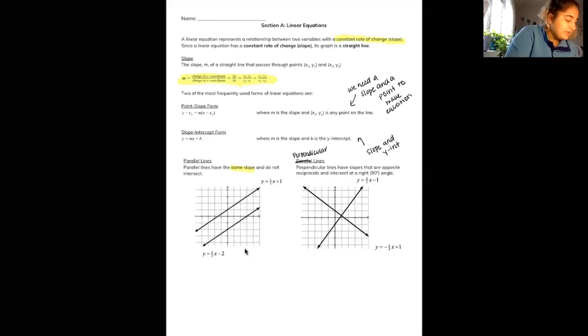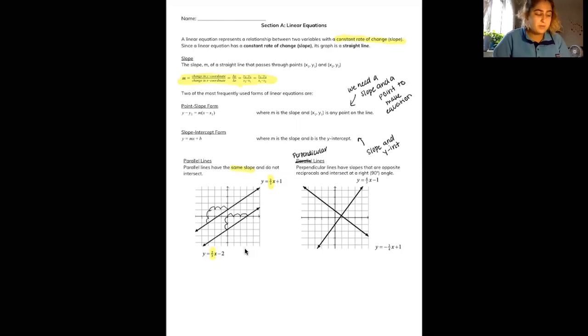So if they have the same slope, right, you can see 2/3 there, 2/3 there. And that 2/3 is really just talking about rise over run. So it goes up 2 and over 3. And this one also goes up 2 and over 3. Okay, so they both have the same slope, so that means that they are parallel.